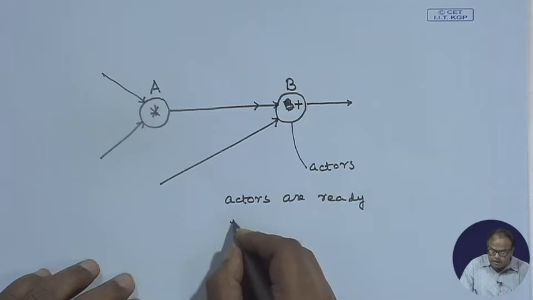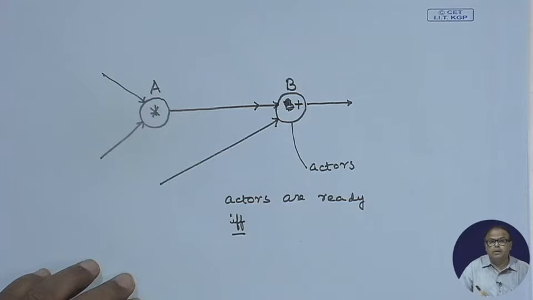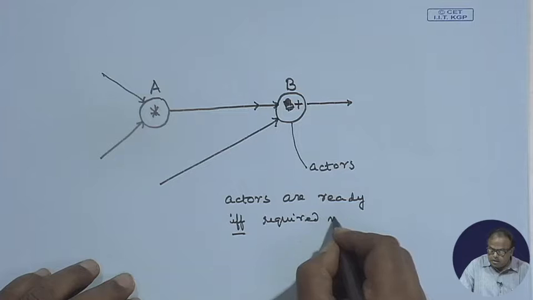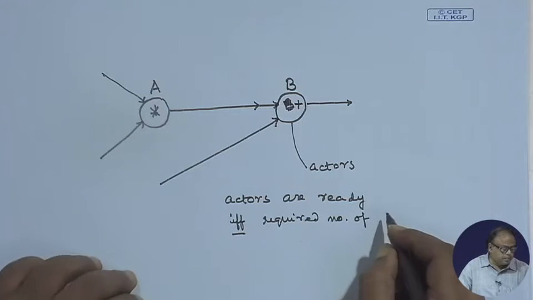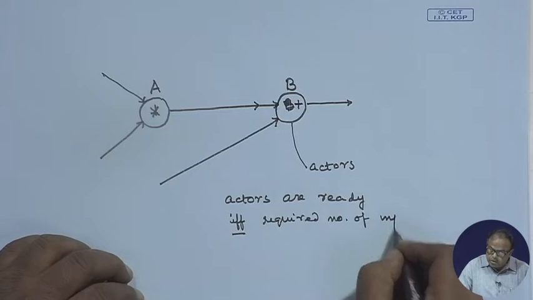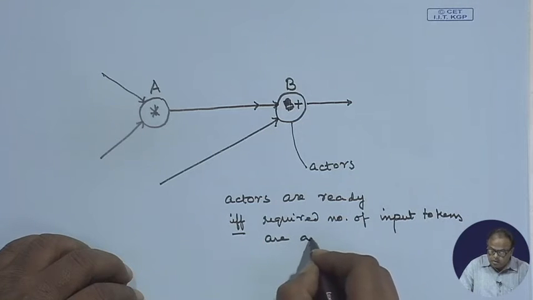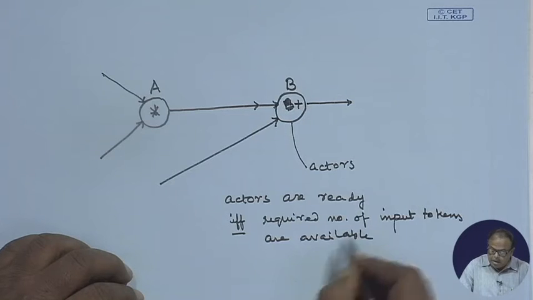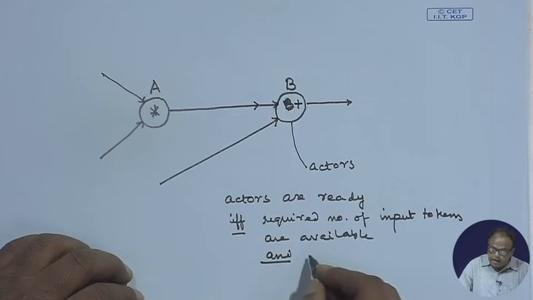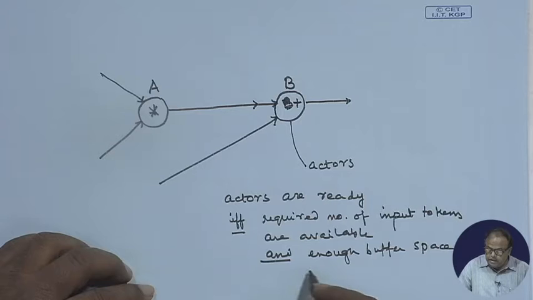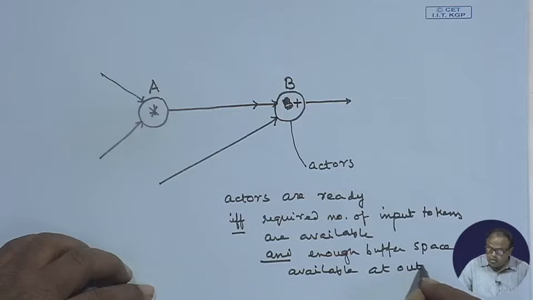Actors are ready if and only if the required number of input tokens are available and enough buffer space is available at output.